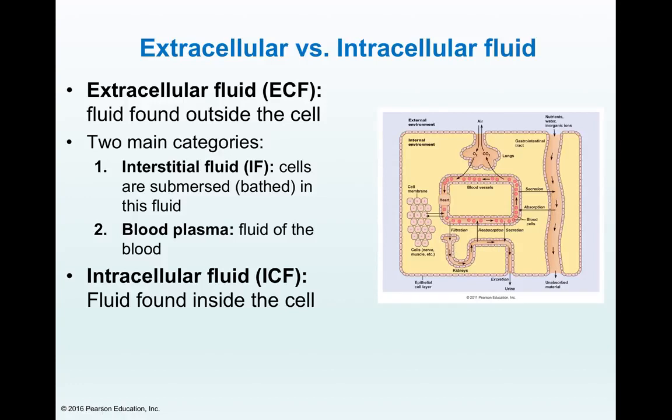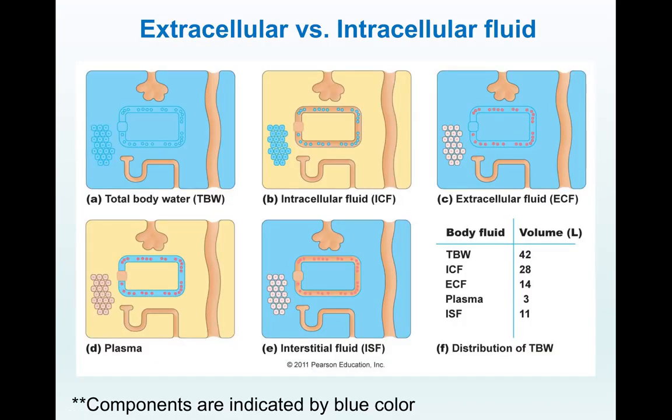So keeping that in mind, we are going to use this diagram and the color coding of the diagram to describe what is considered extracellular versus intracellular fluid. Taking a look at the first picture, you understand that about 60 to 70% of your body is made up of water.